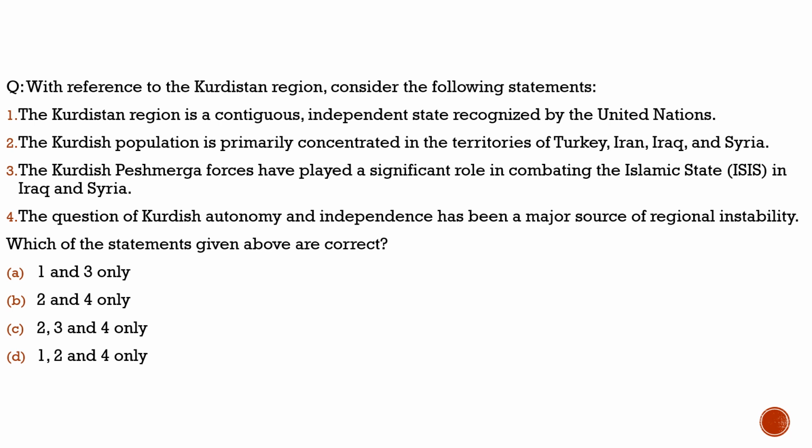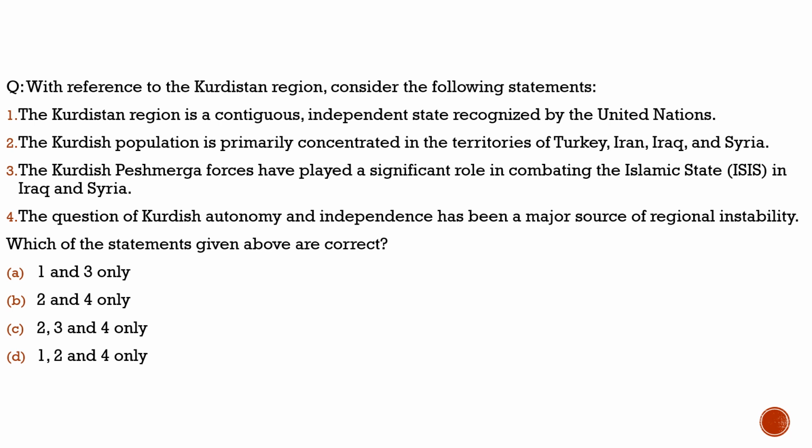But that was not agreed on, because in 1923 the Treaty of Lausanne was signed, and under that treaty the sovereignty of Turkey was highlighted. So Kurdistan, a dream for many people in the Ottoman Empire, did not come true.